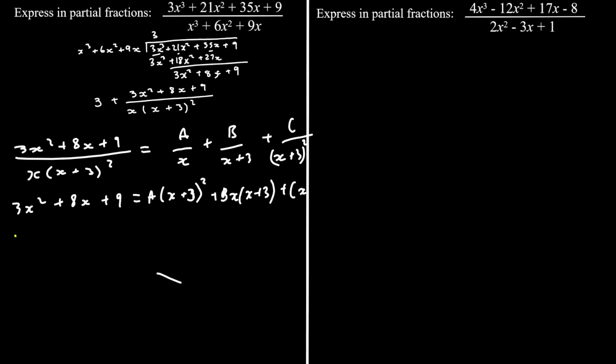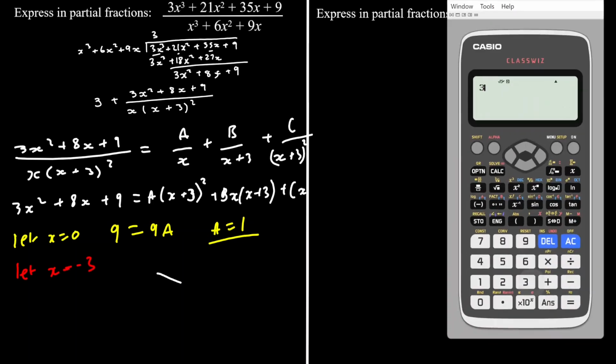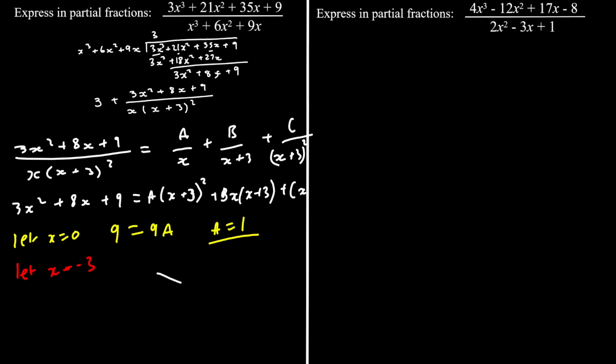We will let x equals 0 and have 9 equals 9A. So A is 1. Let x equal negative 3. So 3 times negative 3 squared plus 8 negative 3's plus 9 is 12.